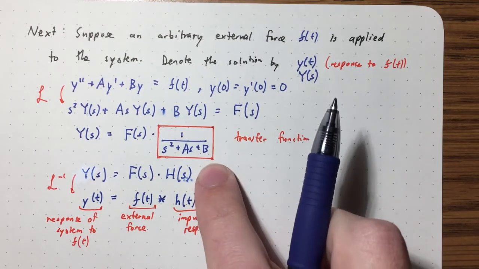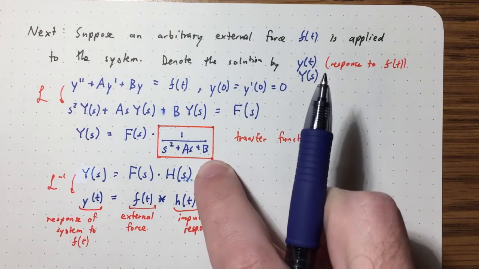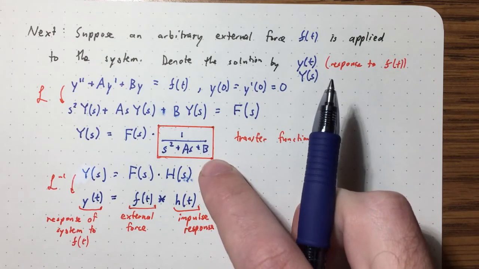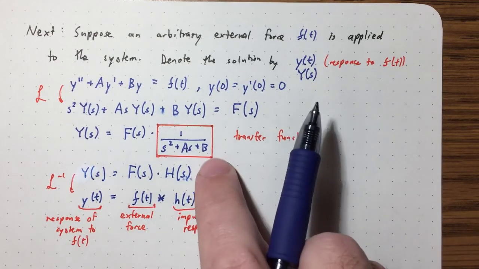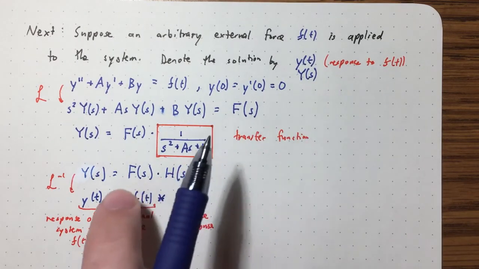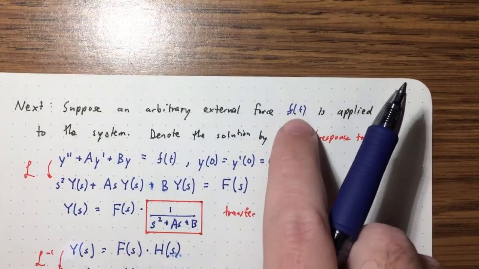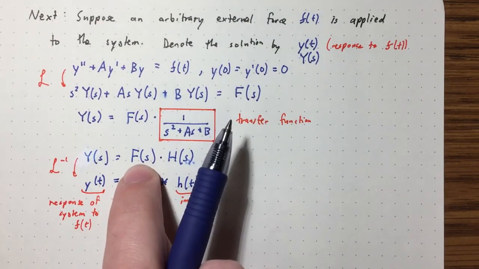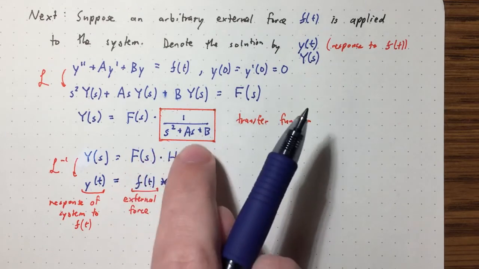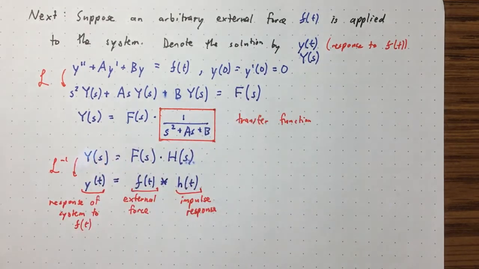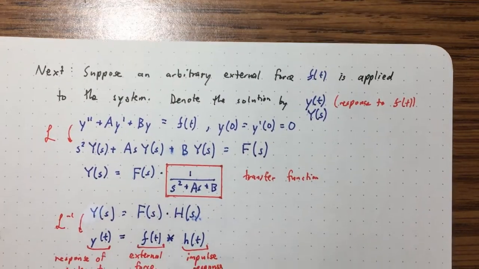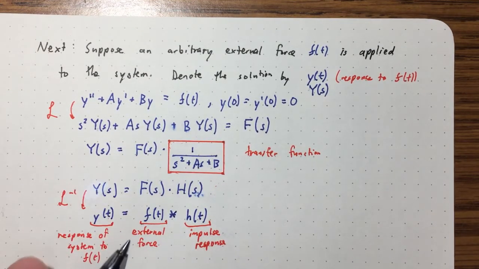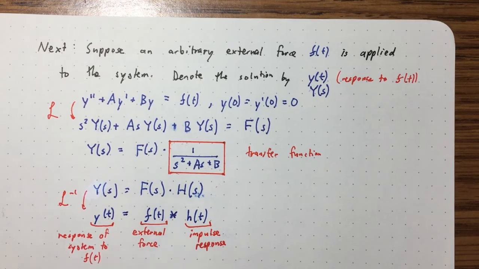Also, if we know the transfer function, right? So, for example, let's say we have a circuit, and it's a complicated circuit, but we know its transfer function. Well, then all we need is the external force. If we know the Laplace transform of that external force, we can just multiply the transfer function by that Laplace transform of the external force, and we get capital Y of s, the Laplace transform of our solution.